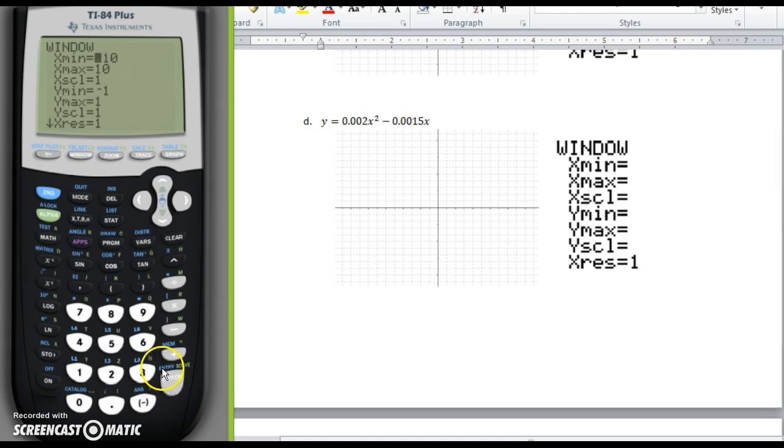Maybe go from -20 up to 20 on the x-axis. Graph that. And that's a good picture. So to write down my window settings, I've just hit this window key and it would be -20 to 20 by 1s and -1 to 1 by 1s.